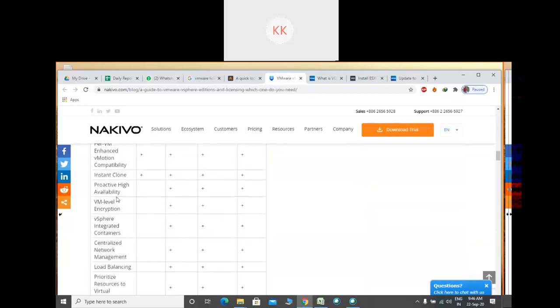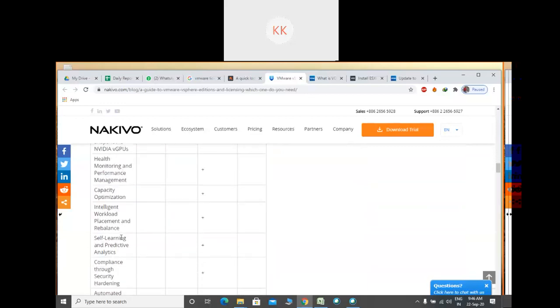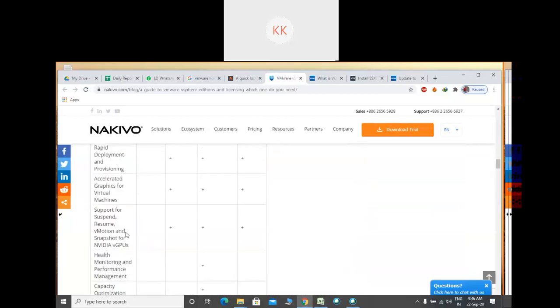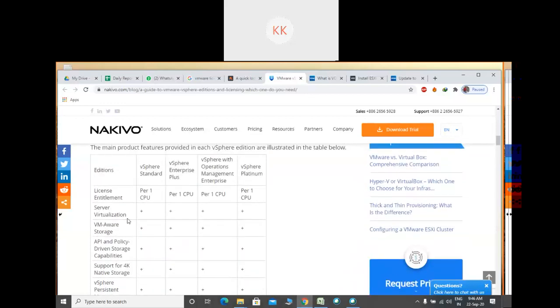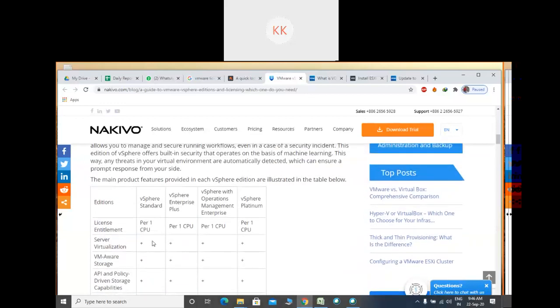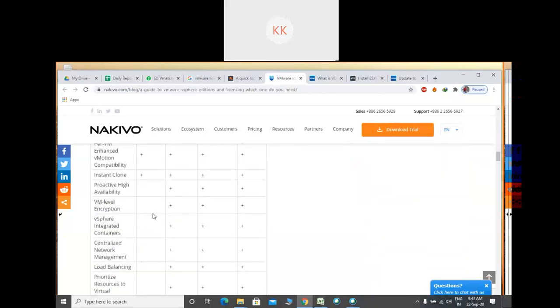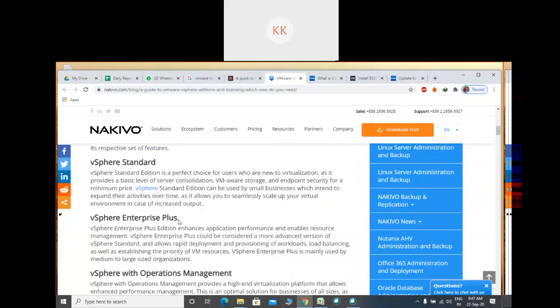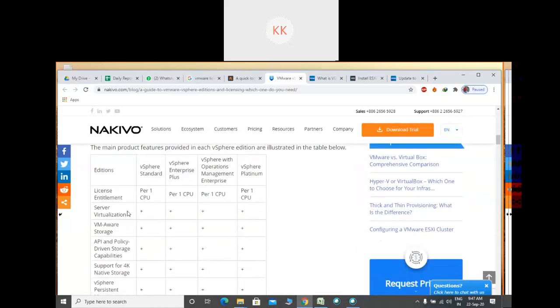All the features listed there are from the enterprise environment, so we may not know all these things. These are all the different features. As I've shared the link, please go through all the features which are essential to you. You can find some idea from there.